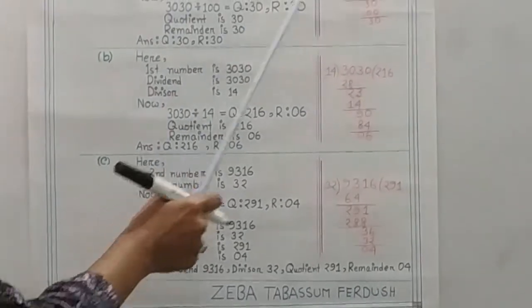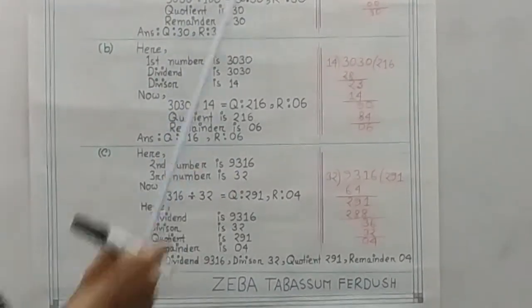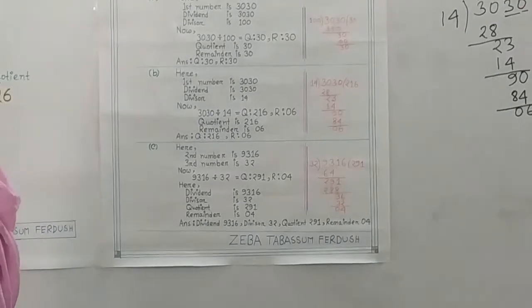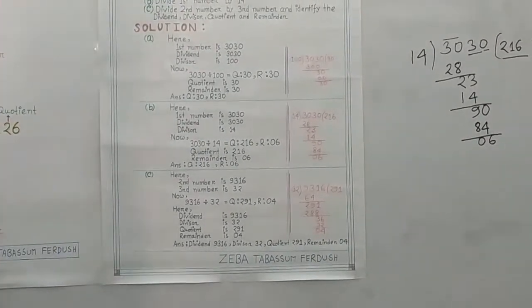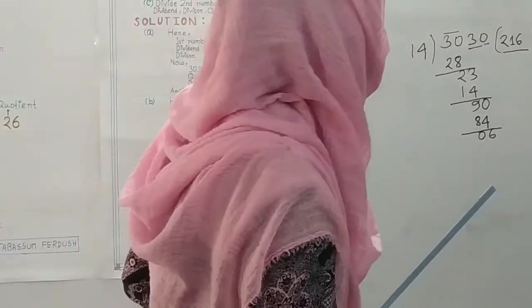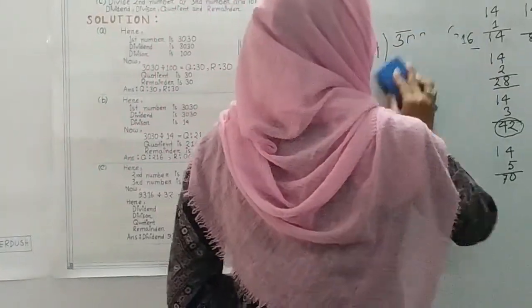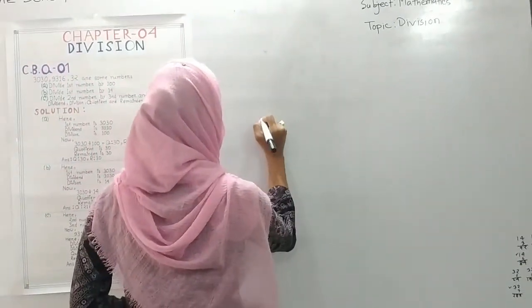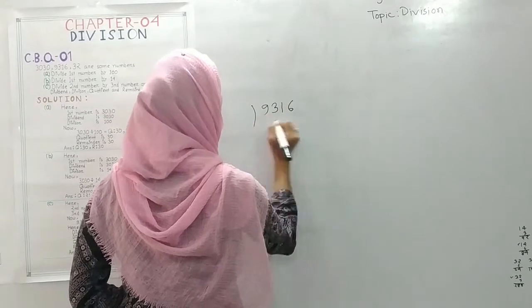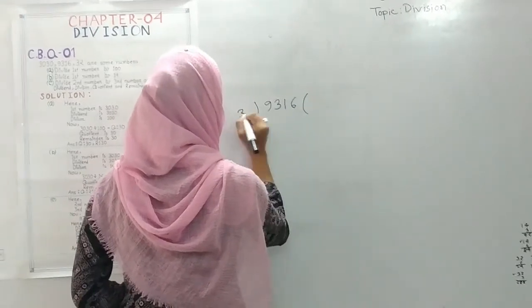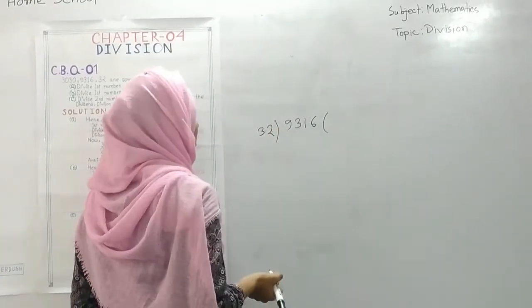To identify the quotient and remainder, we have to do the division process. Now go to the division process. First we write down here 9316 and divide it by 32, where 32 is the divisor.